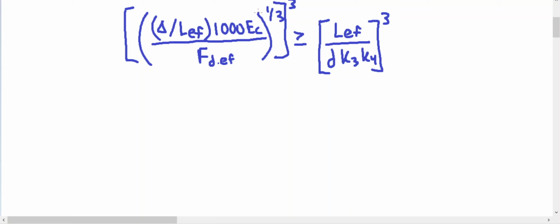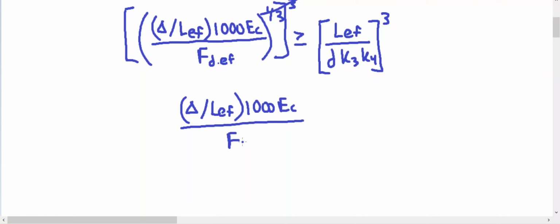So this power will cancel out, and we're left with the fraction delta LEF times 1000 E sub C over F sub D dot EF, still greater than or equal to, now the cube of this entire quantity. We could distribute the exponent here, but there's really no need to. So let's just leave it like this.